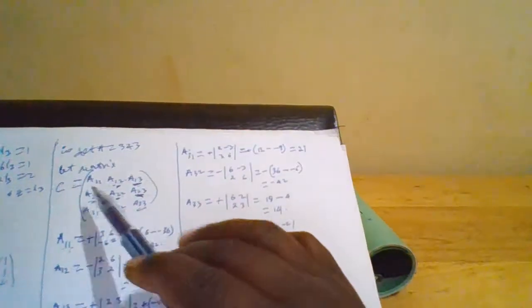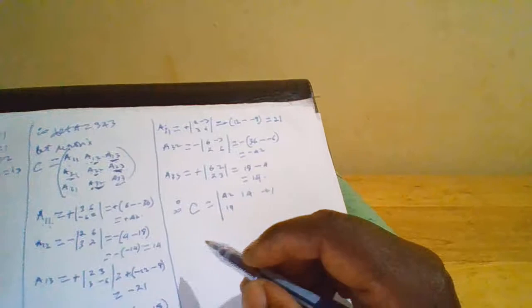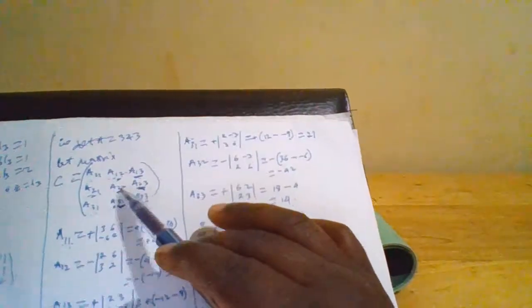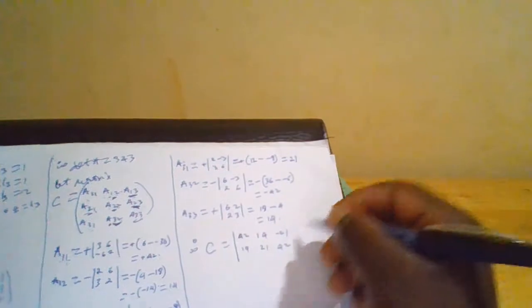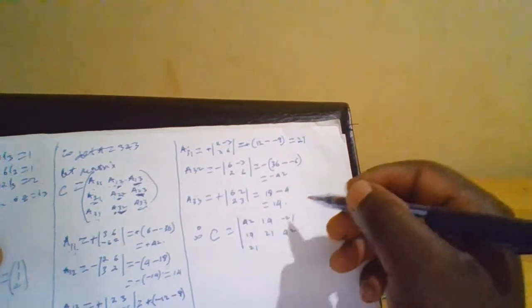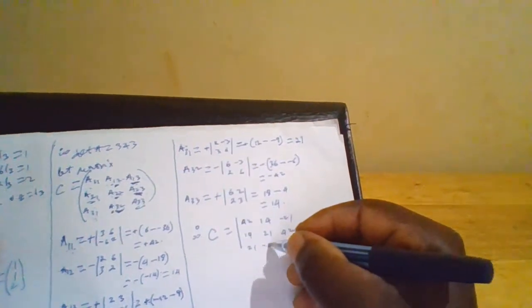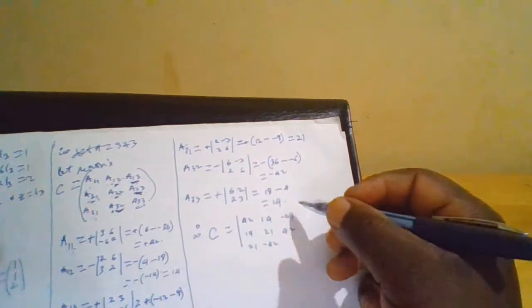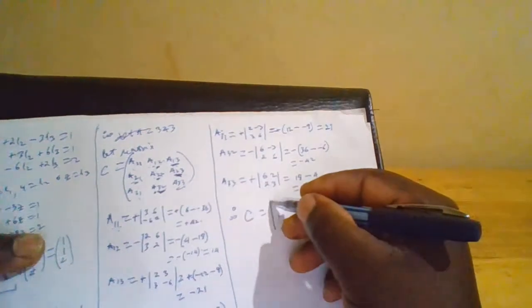So A21 is 14, A22 is 21, A23 is 42, and then A31 is 21, and then A32 is negative 42, and last we have 14, like that.